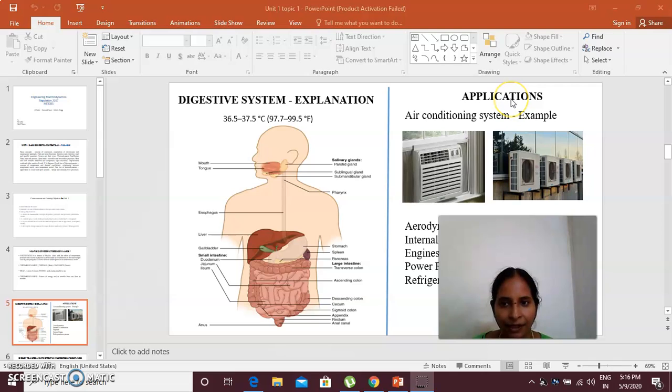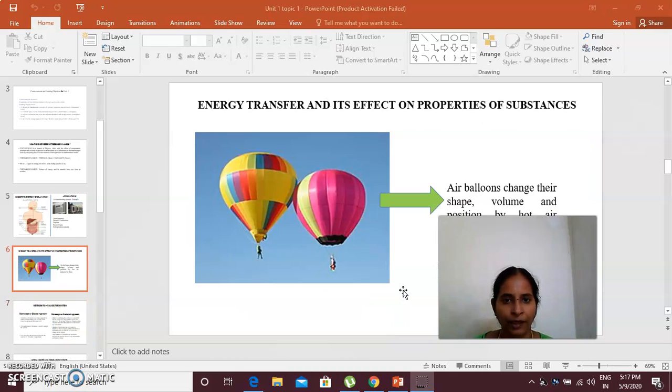Applications of thermodynamics include air conditioning systems, aerodynamics, internal combustion engines, power plants, refrigeration systems, and so many domains. Here is a very simple example. Before the induction of hot air, this air balloon would be in some other shape, on the ground level.